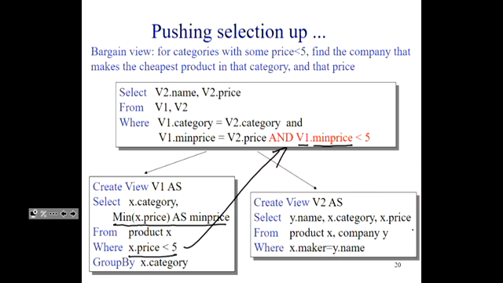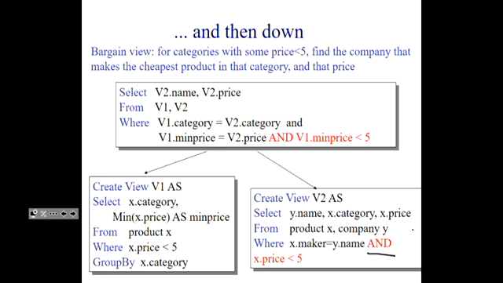So essentially I'm pushing the selection up, and then I can push this down as well. Since v1 dot min price is equal to v2 dot price, I can push this down into this view, and therefore I can add another AND clause with x dot price is less than 5.